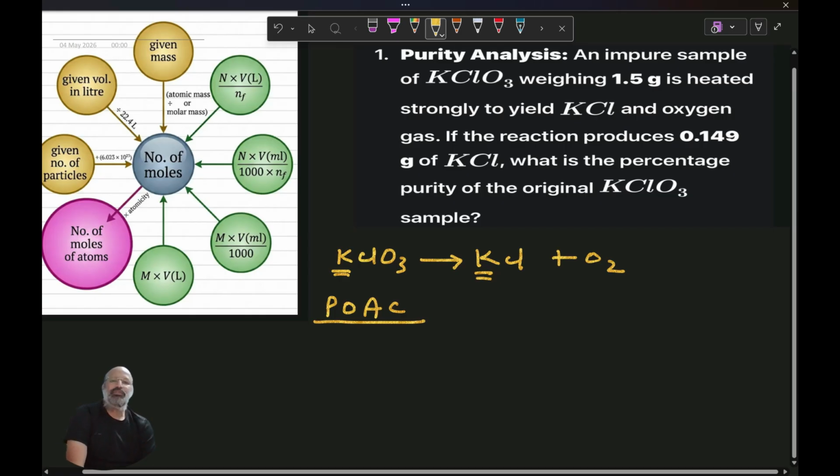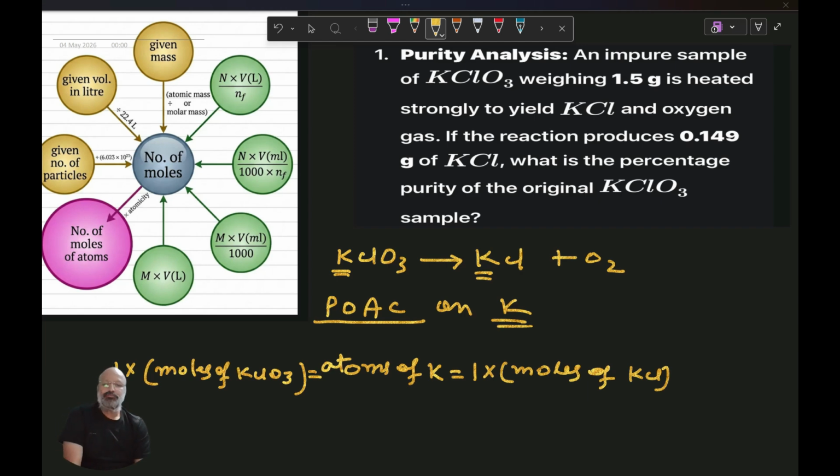By applying this principle on the atoms of potassium, atoms of potassium can be written as 1 into number of moles of KCl.